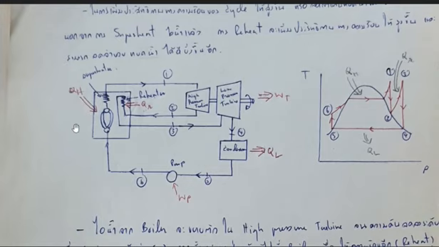We will have superheated steam, and then the steam will go through the high pressure turbine, and then will be sent back to the boiler again to reheat, and then it will go through the second stage turbine, or in this case the low pressure turbine, to produce the work.